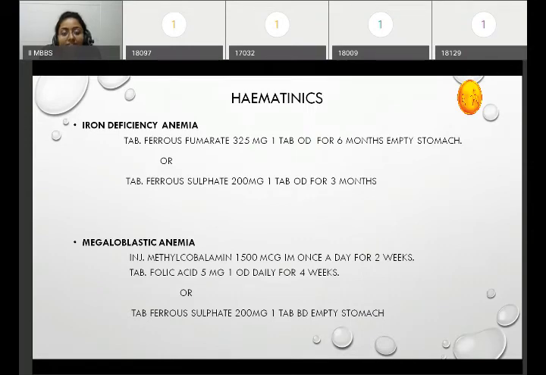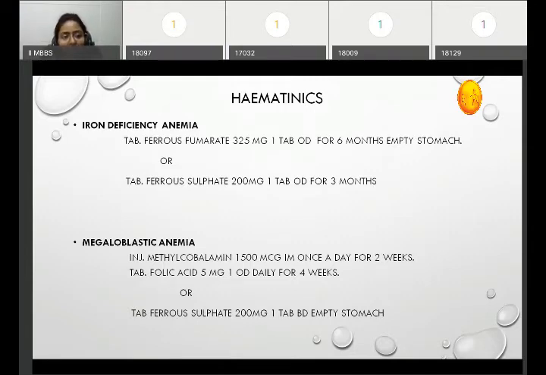This was regarding the single drug therapy from the GI tract. Now we are going to see the single drug therapy questions from the blood system, that is hematinics. So what are hematinics? These are the drugs or agents that bring about hematopoiesis or blood formation in your body. There are conditions like anemia where you have to give these hematinics.